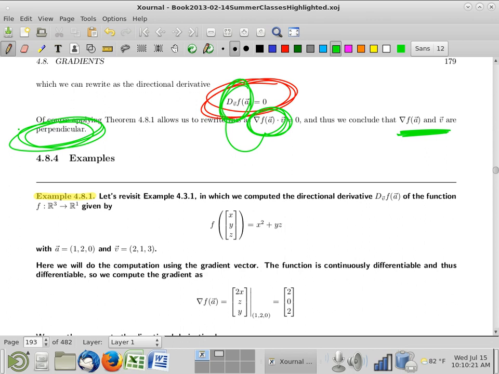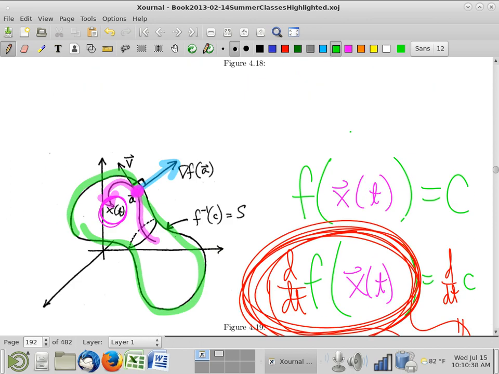Cool calculation. I like the fact that we look at a picture one way and then reinterpret it in a different way and get a powerful result. Okay. So last little observation: if the gradient and the velocity vector are perpendicular, coming back over to here, the velocity is perpendicular to the gradient.